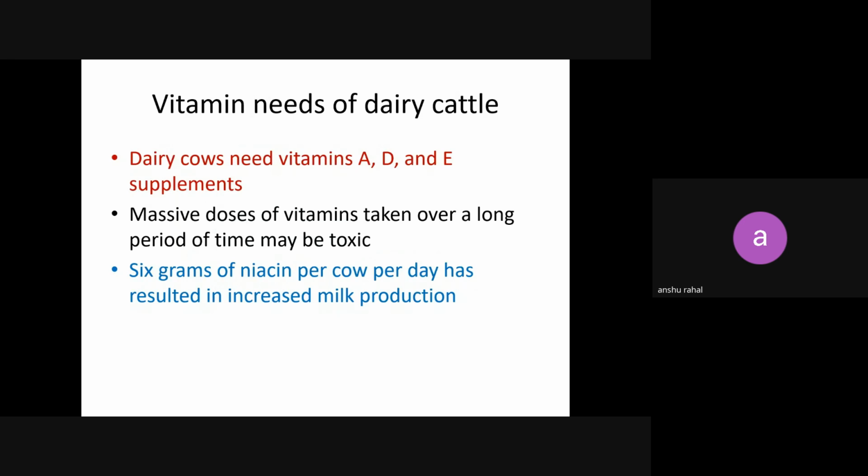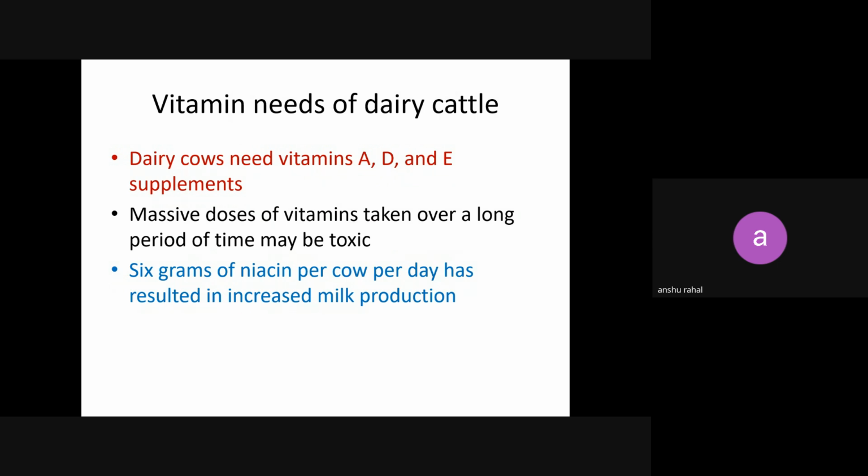Mostly it has been seen that green forages are rich in calcium and the grains are rich in phosphorus, and the animal requirement is met. But when the animal has a fast growth rate or high milk production, supplementation is needed.